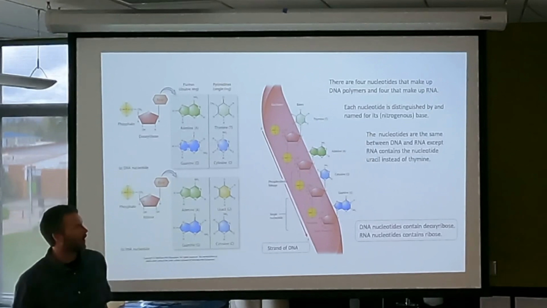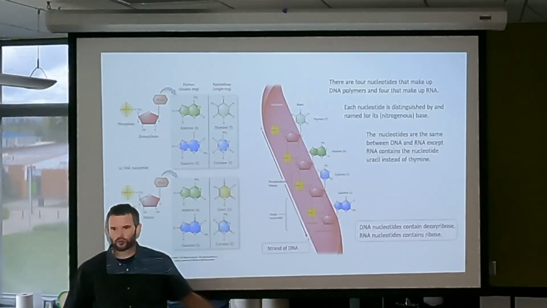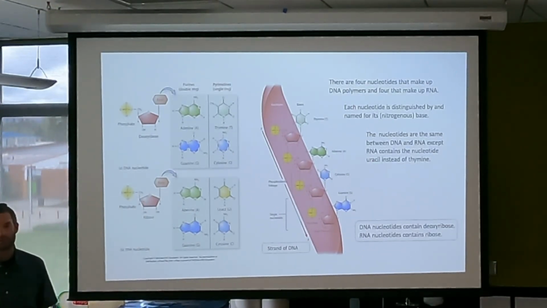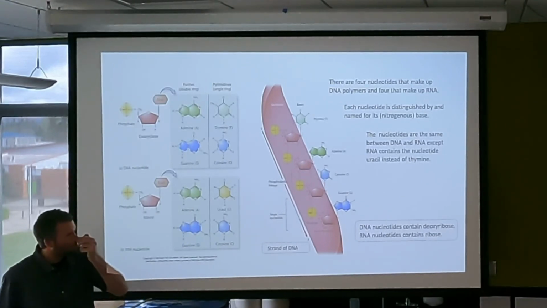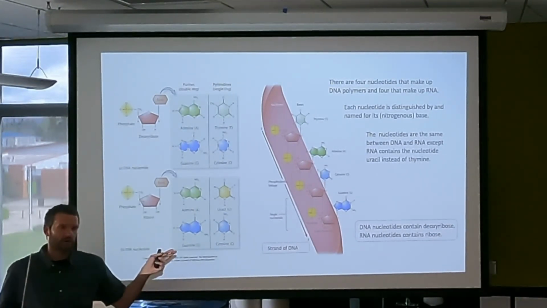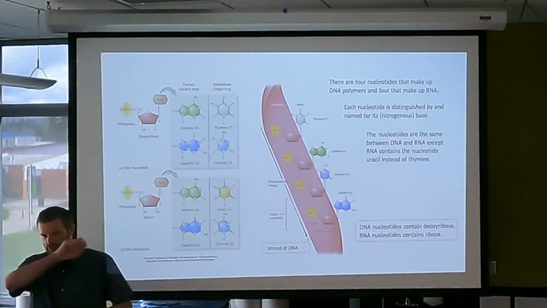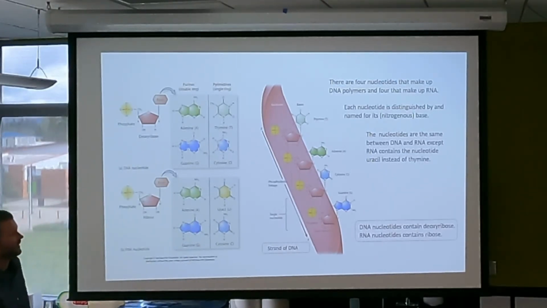So within a DNA molecule, you're going to find all four of these nucleotides, just ordered differently. But they'll always be present, all four, in every strand. When you look at the genetic sequence of a molecule, it's like A, T, G, G, G, C, T, A, C, just a random assortment of these four different nucleotides.